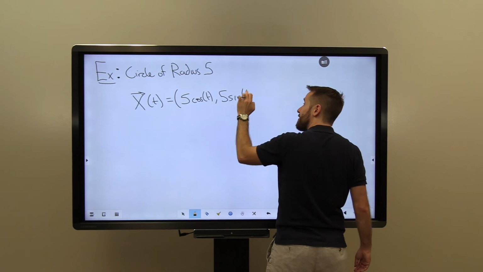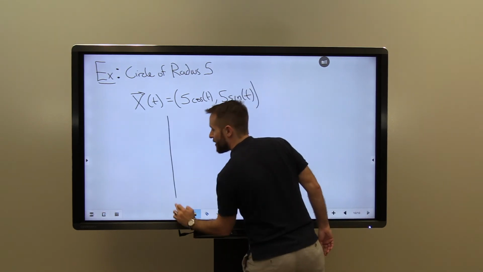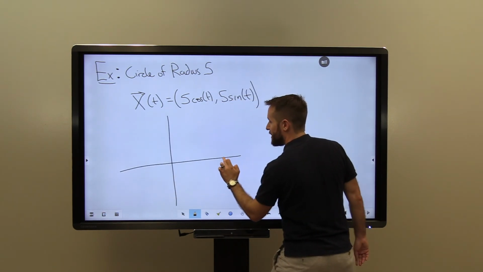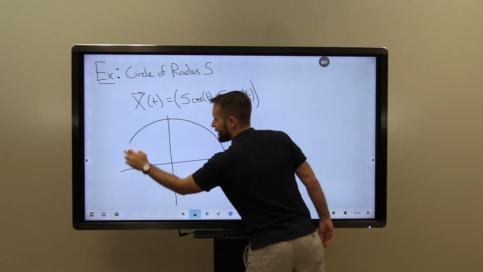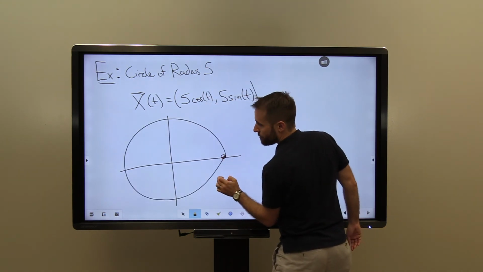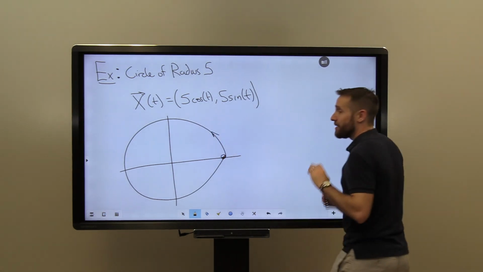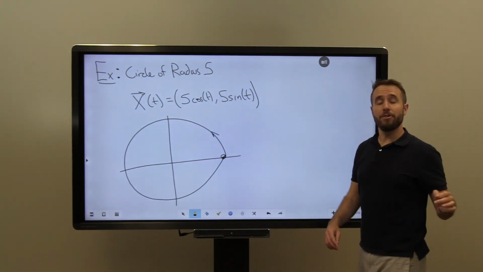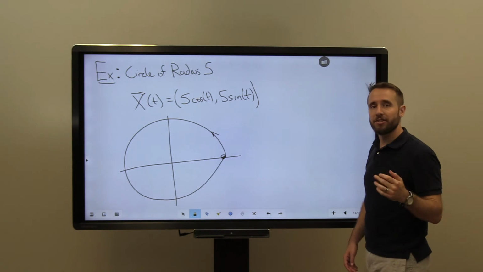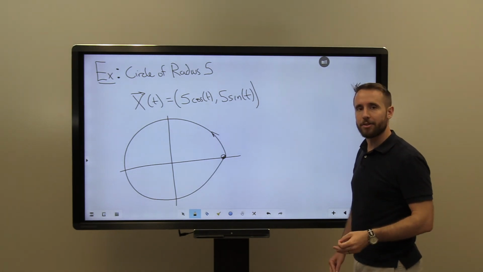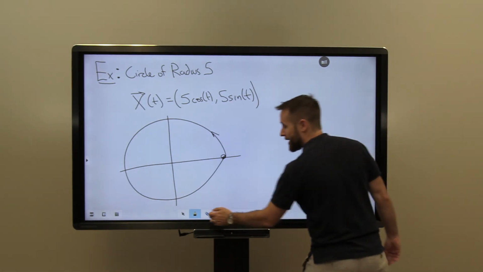There are, of course, a lot of parameterizations, but this is the standard one. It will be a nice big circle, and it looks like this. So what we can do is compute the unit tangent vector and unit normal vector to this curve. And we'll do that as follows.